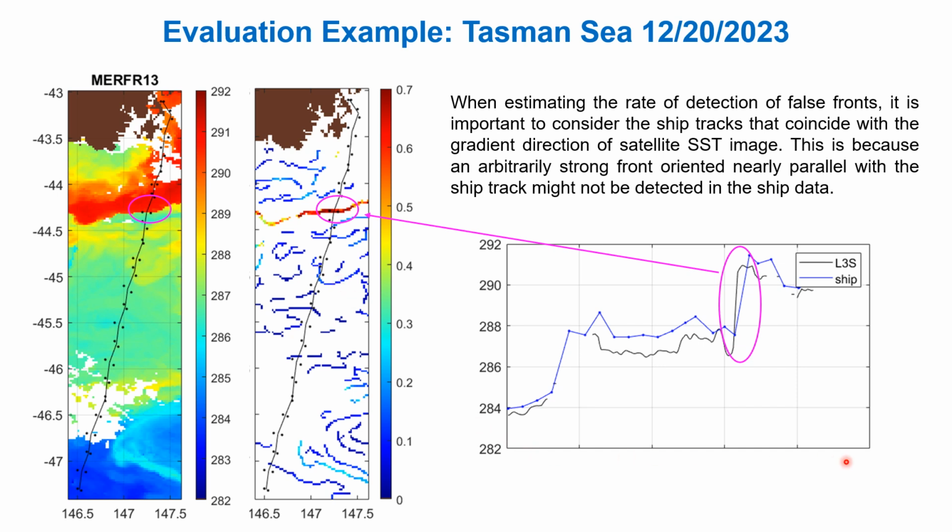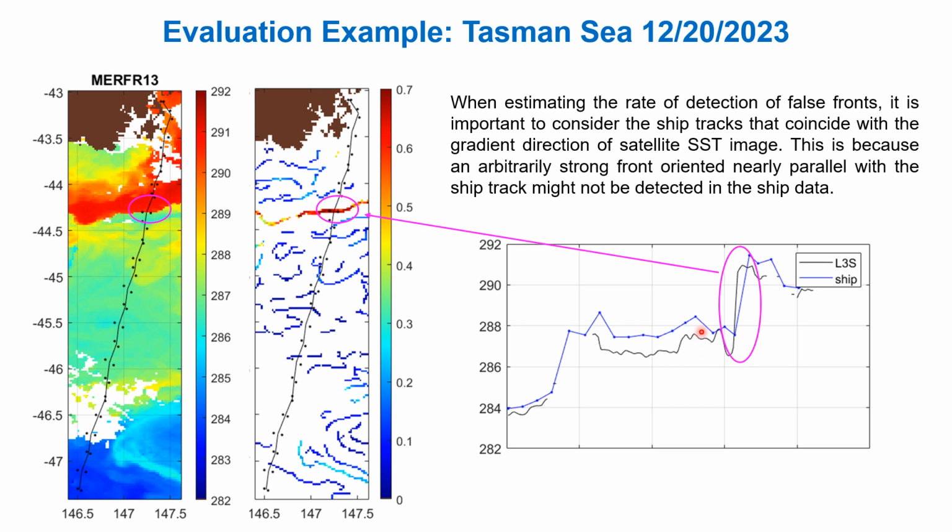The third figure shows the SST values from both sources, the ship's rendered in blue and the SST from the L3S files marked here in black. The region where the ship's track intersected the strong front is encircled in this one-dimensional plot.